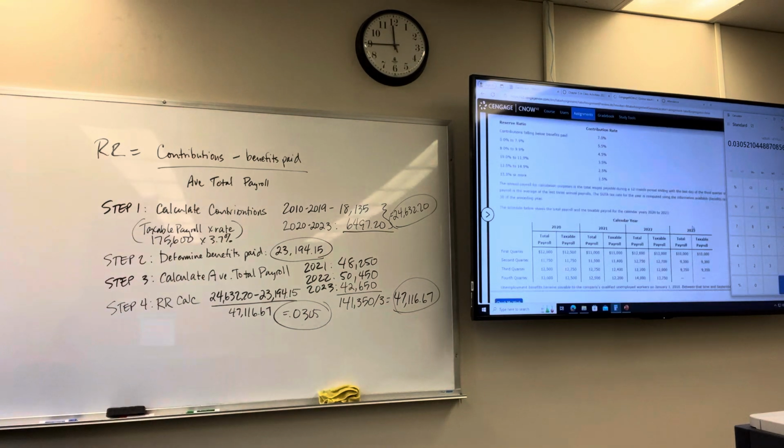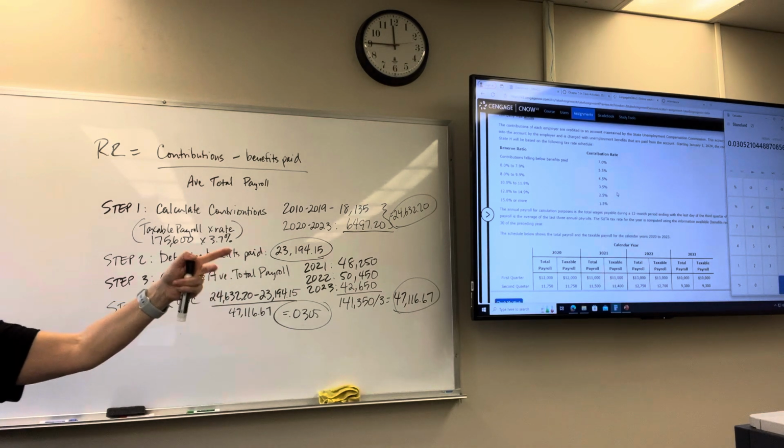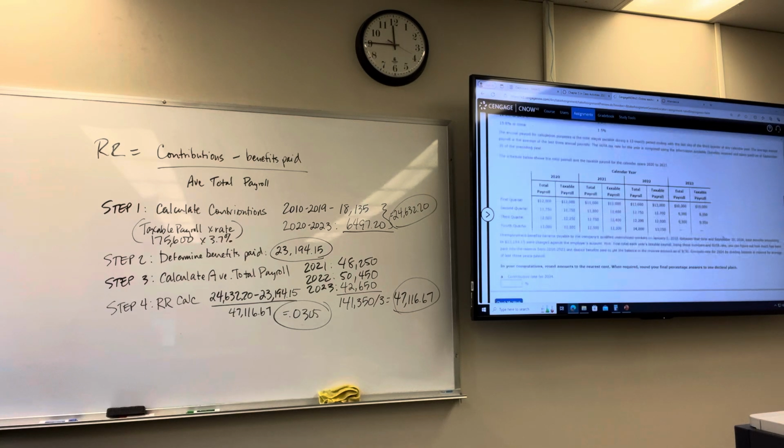Then we go up to our table, and it says if the reserve ratio is in this range, this is going to be our contribution rate. So it's between 0 and 7.9%, it's 3.05%. So our contribution rate for next year is going to be 5.5%.